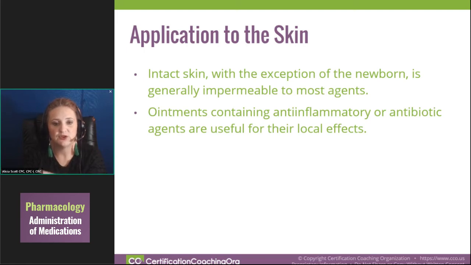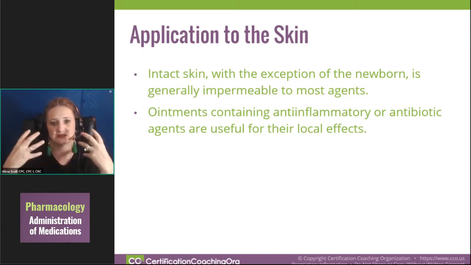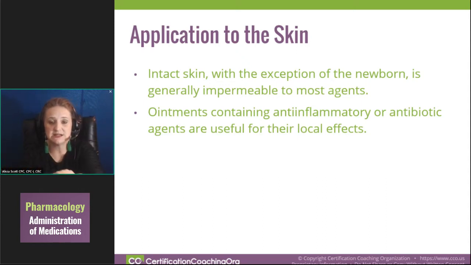But if you were just to take Benadryl, put it on a cotton ball and put it on your arm, it is not going to work as an antihistamine systemically through your body. Your skin is intact, and it is pretty much impermeable to most agents. Now, do they have Benadryl cream that they use for allergic dermatitis and things like that? Yeah, they do. It's got Benadryl in it, and yes, it's kind of a topical, it soothes, but it isn't something that goes into the skin systemically.